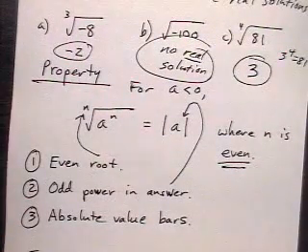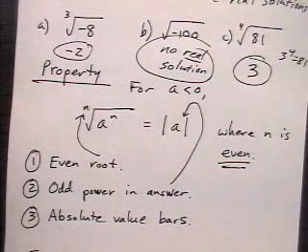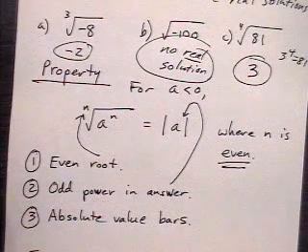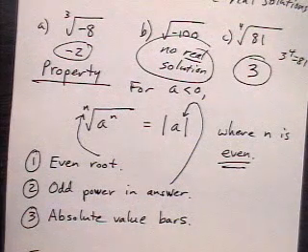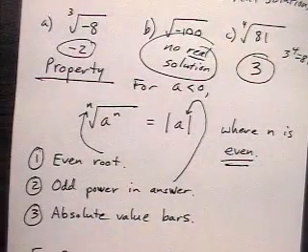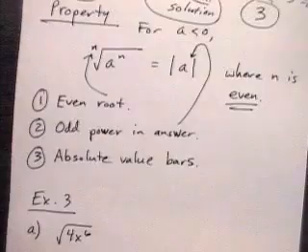An odd power in your answer, whether it's a 1 or a 3 or a 5 or 7, doesn't really matter. Then, if you've got an even root and an odd power in your answer, and both things have to be true, you have to put absolute value bars around that particular variable. So let's take a look at a couple examples.